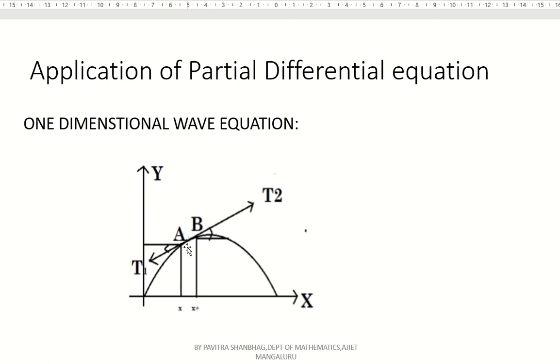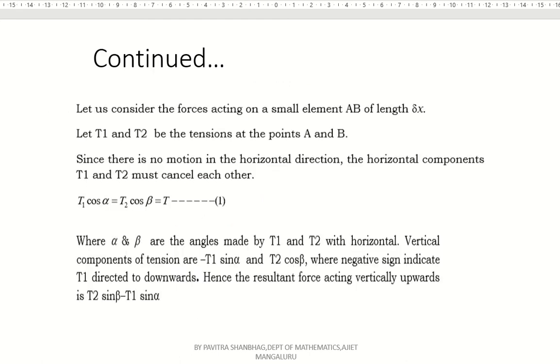You just bend it and fix it at two different points and release one side, then automatically it will start perpendicular vibration. That is transverse vibration. So what happens? The horizontal components cancel each other, or it will be constant. See, here we are discussing that only.